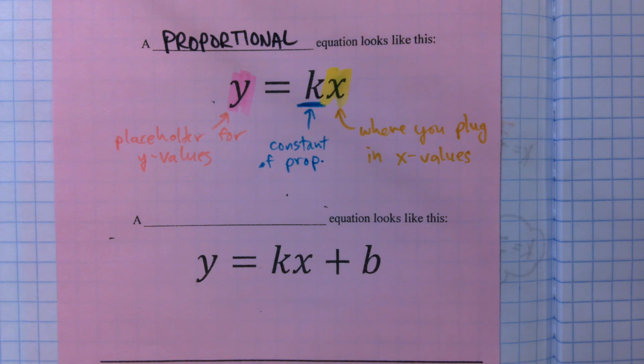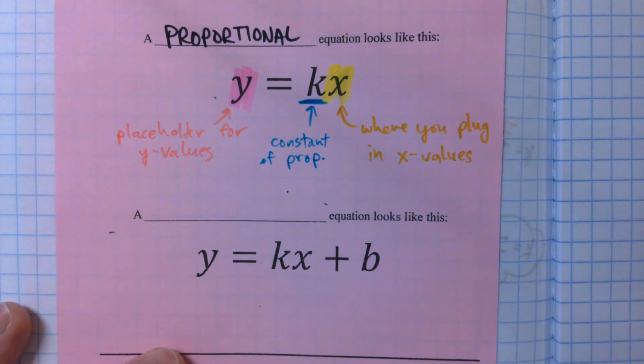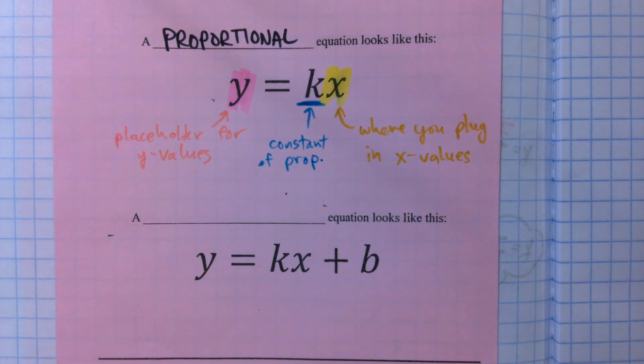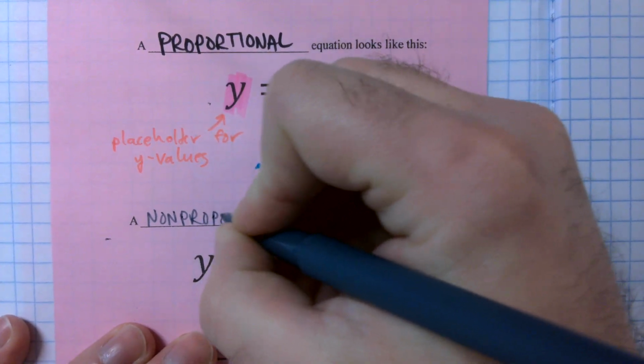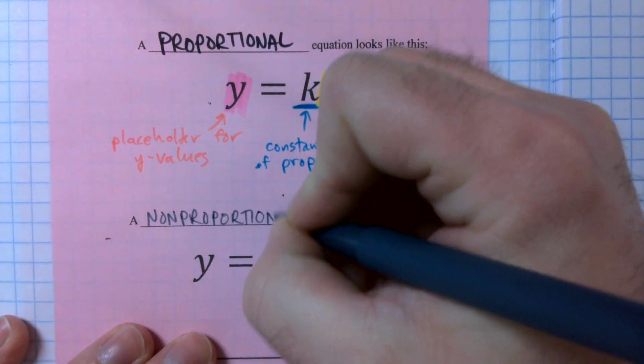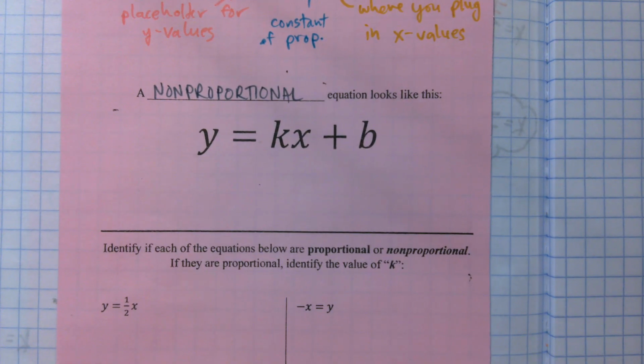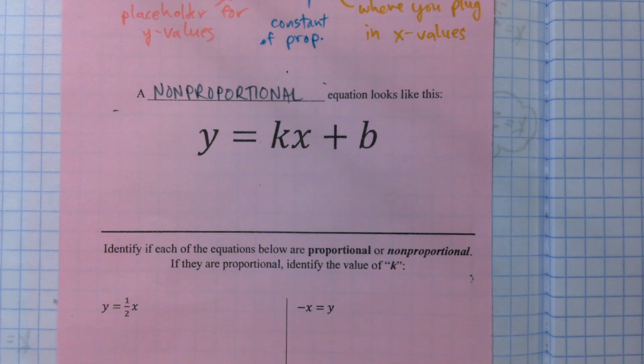That's what we've been working on, but what we're going to move into next week is a non-proportional relationship. And the equation looks very similar, except what's the only difference you see in this equation? Vanessa, what do you see that's different? There's another variable.